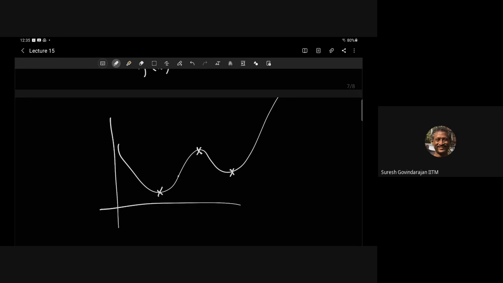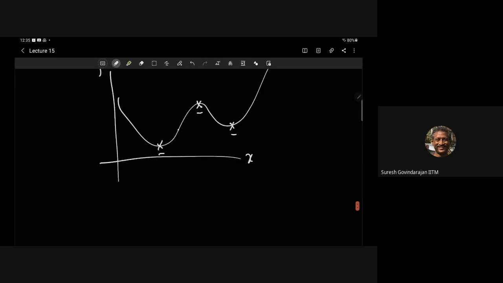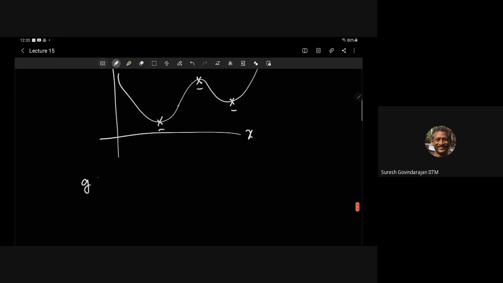We may not know what f is. But looking at this, g of p will have two minima and one maximum.